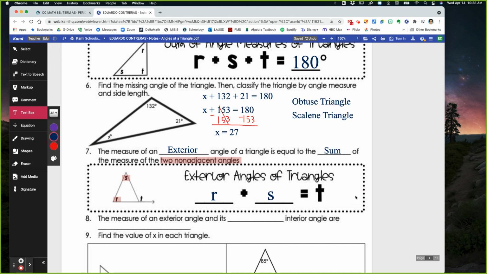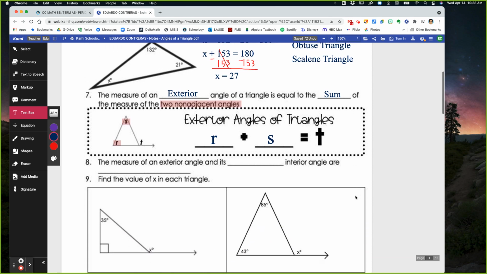So here's another fact. The measure of an exterior angle and its interior angle are supplementary. So the measure of an exterior angle and its adjacent interior angle, the key word here is adjacent.